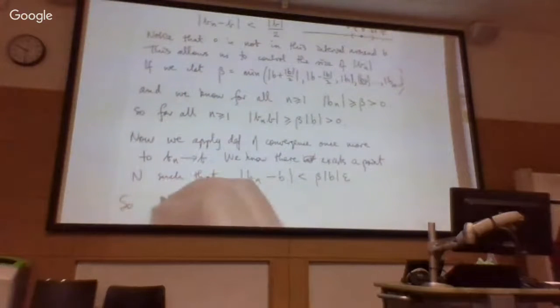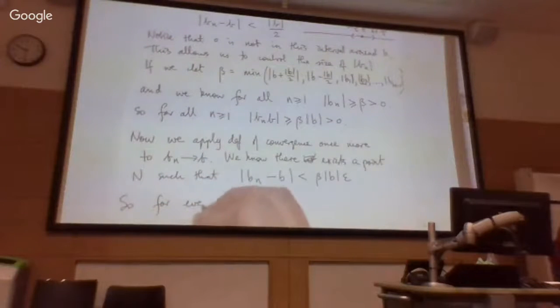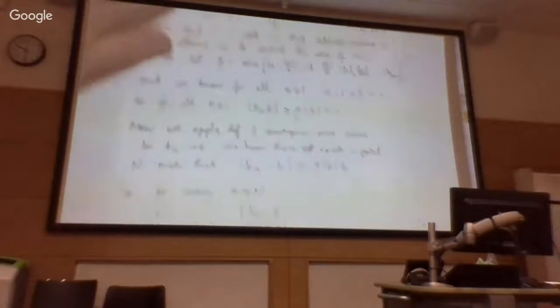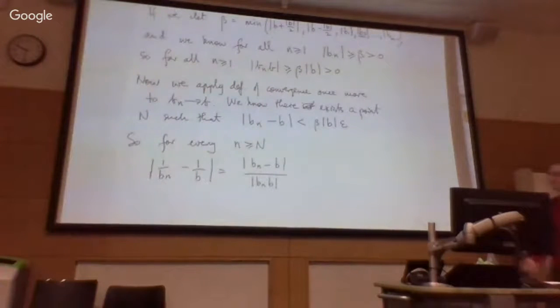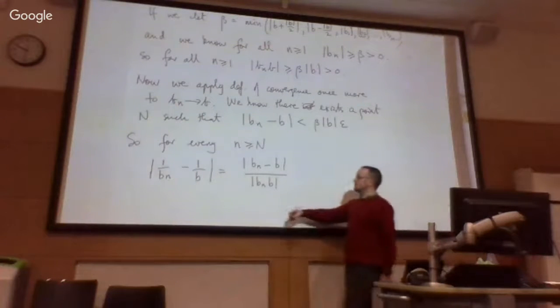So for every n bigger than or equal to capital N, if I look at this, so I started off looking at this absolute value. I rewrote this as the absolute value of Bn minus B over absolute value of Bn times B. That was the work we did a few moments ago.